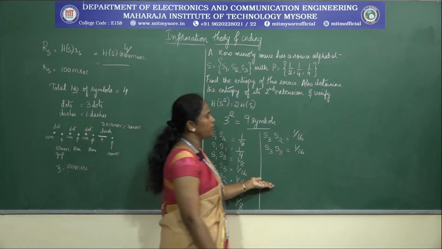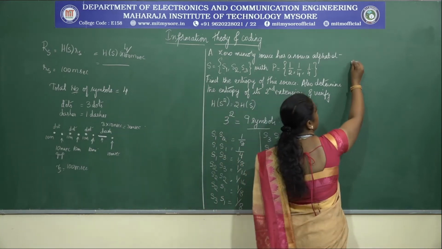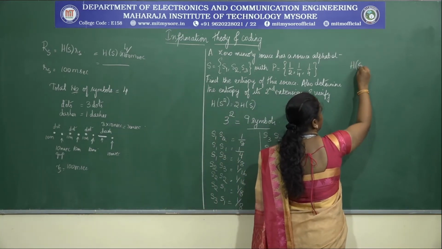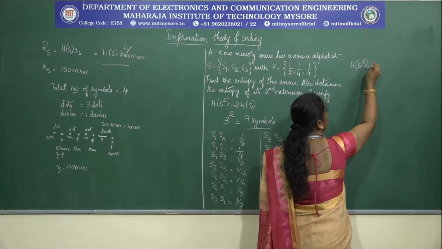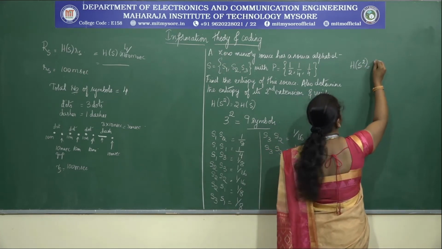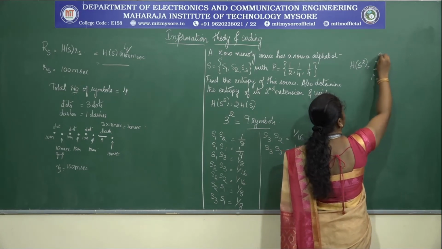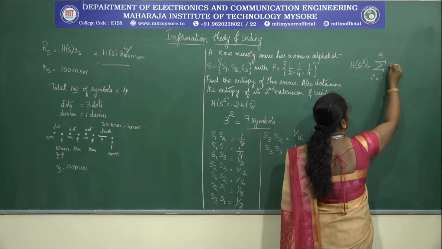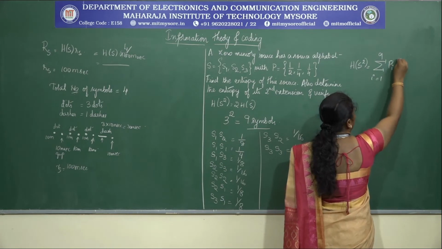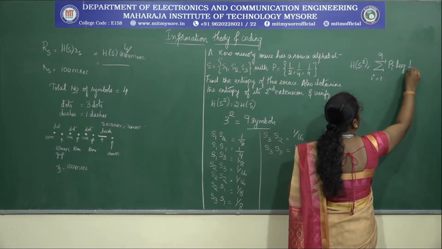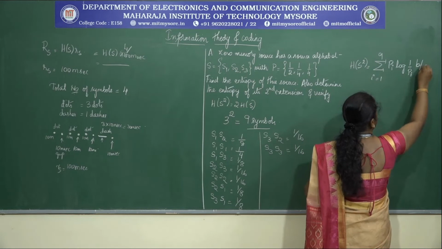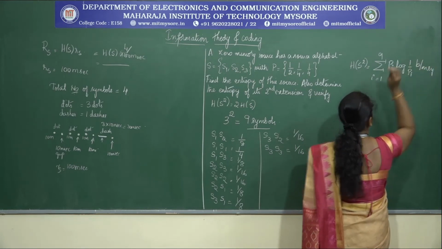H of S square is nothing but its entropy. H of S square is equal to, so how many source symbols do we have? We have 9 source symbols, hence the summation varies from i equal to 1 to 9 of p_i log of 1 by p_i, and the units is bits per message symbol.